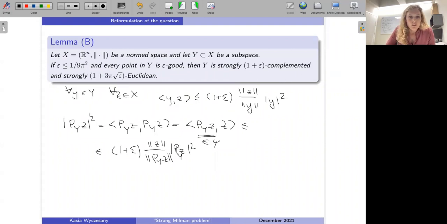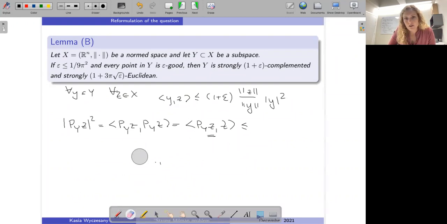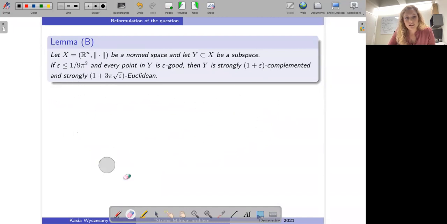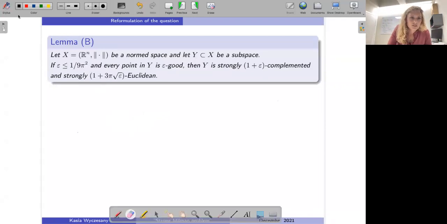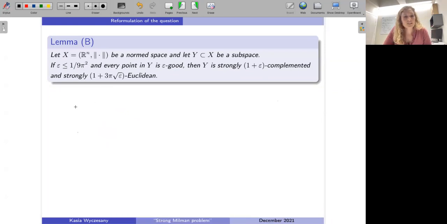Now, let me erase this. For the almost Euclidean part, we will assume towards a contradiction that it is not, so assume that Y is not 1 plus, say, a strongly Euclidean.